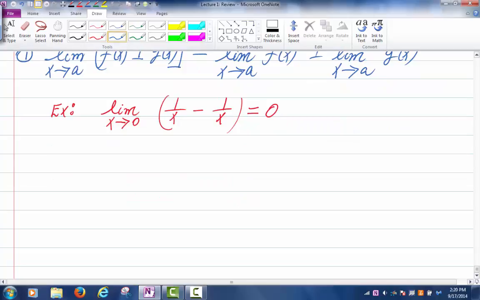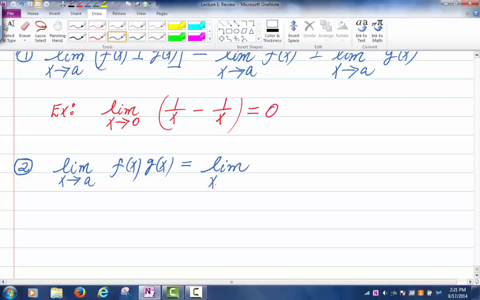Okay, so limit law 2. What's the limit as x goes to a of the product of f and g? So if you're taking the limit of a product, that's the same as the product of the limits of the factors.